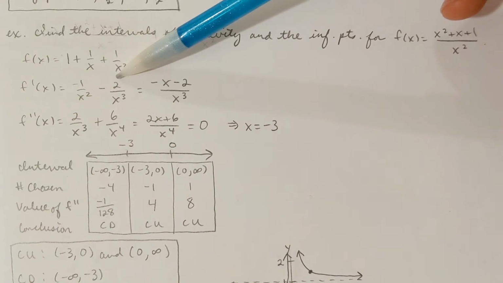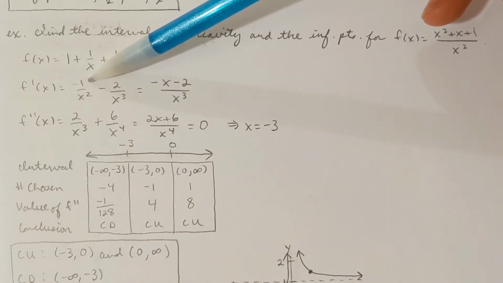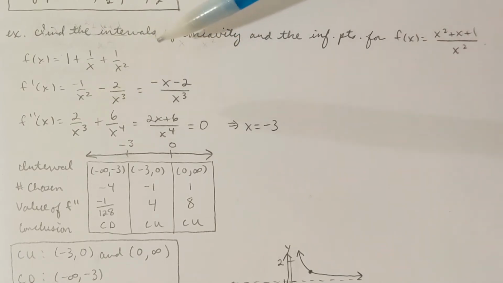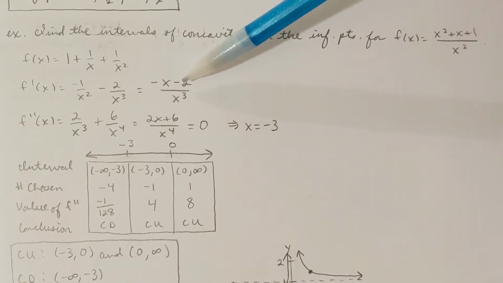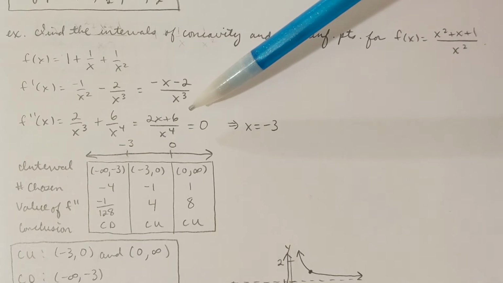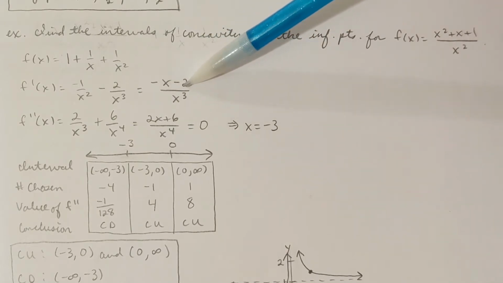When you simplify this to a single fraction, it's going to be negative x cubed minus 2x squared all over x to the 5th. Okay, but you can factor out an x squared out of those two terms and cancel it with part of the x to the 5th in the denominator, and that would leave you with negative x minus 2 all over x cubed.